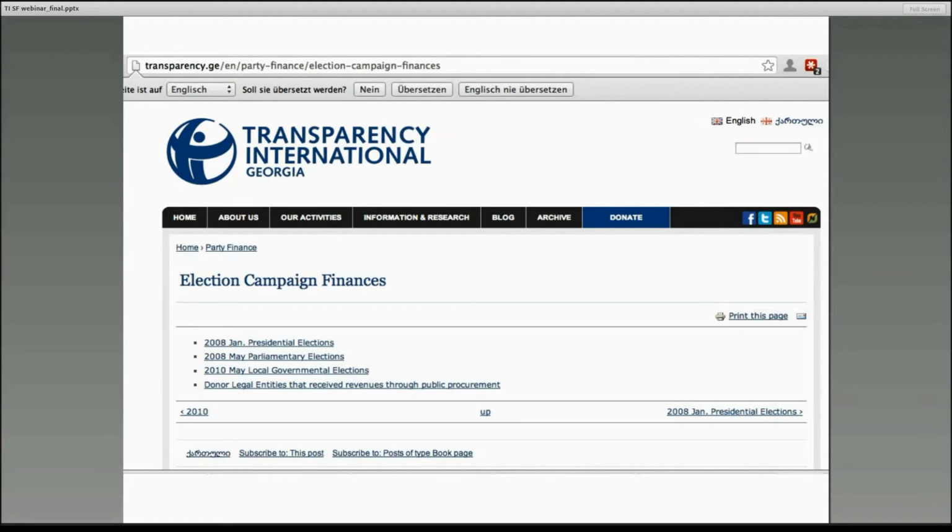And we also started going out and checking if some of the data was correct. So we randomly selected a number of the donors that were disclosed and tracked down their addresses to see if the people really lived there, if they had really donated to the party.